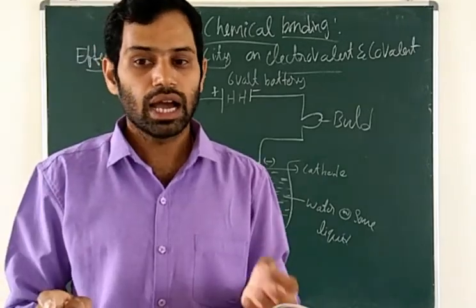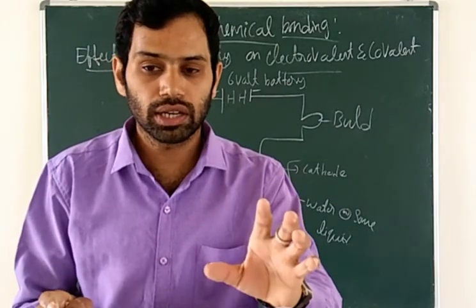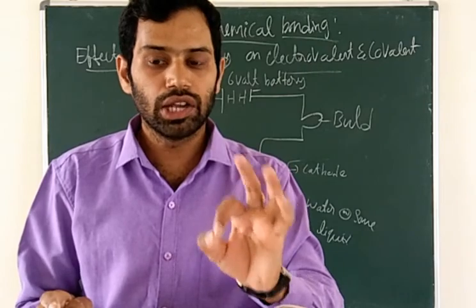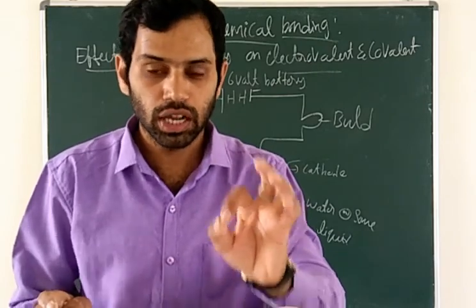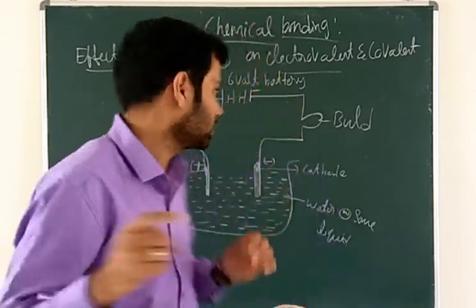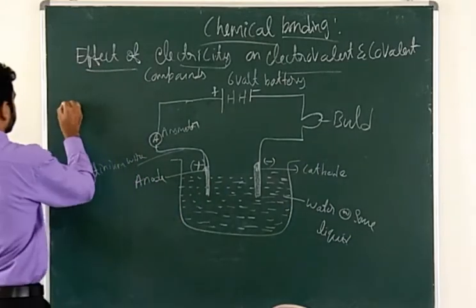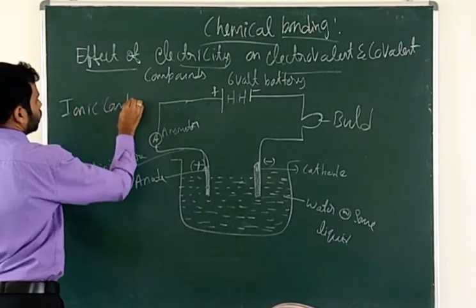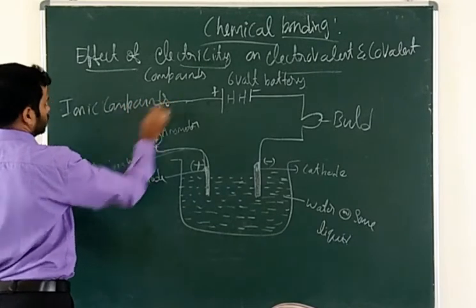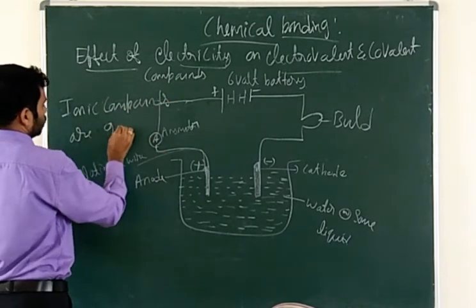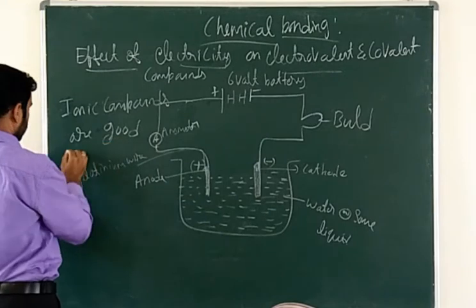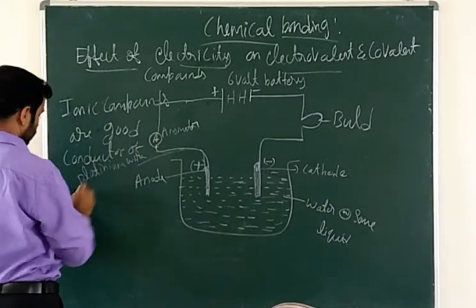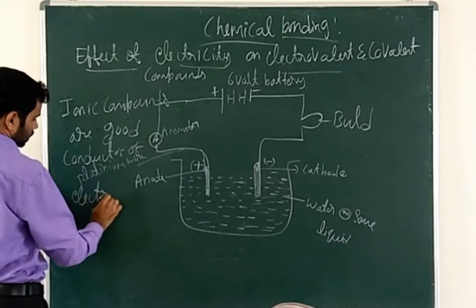So ionic compounds or electrovalent compounds are good conductors of electricity. We can conclude that. Ionic compounds are good conductors of electricity.